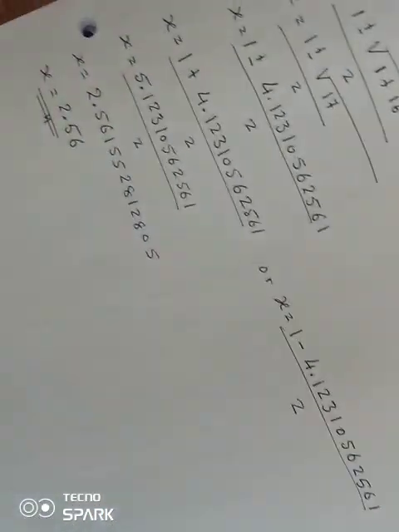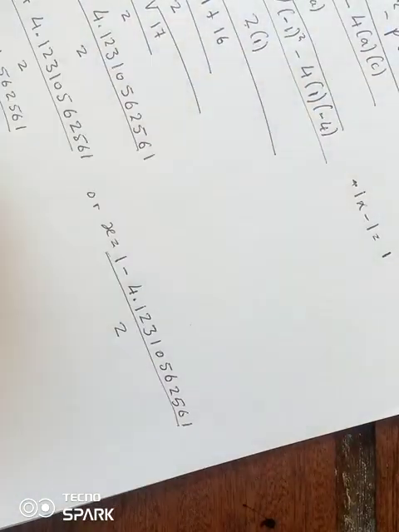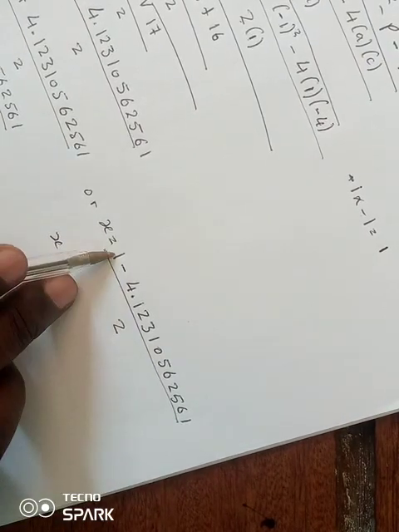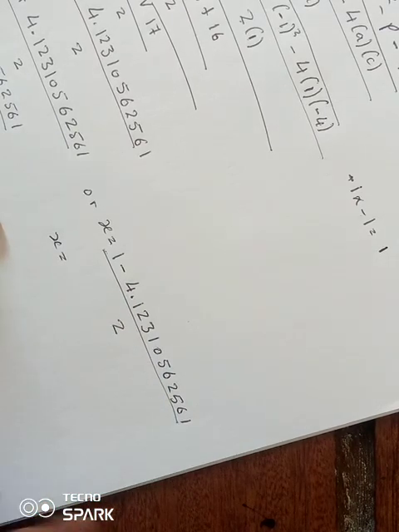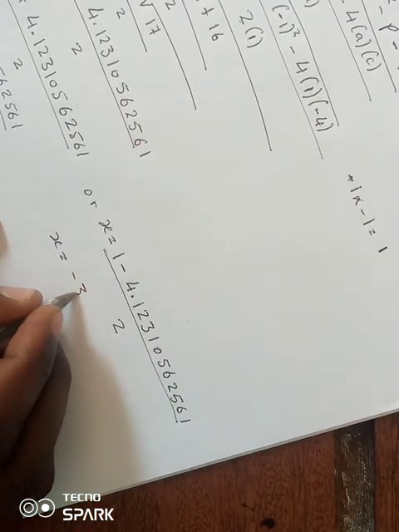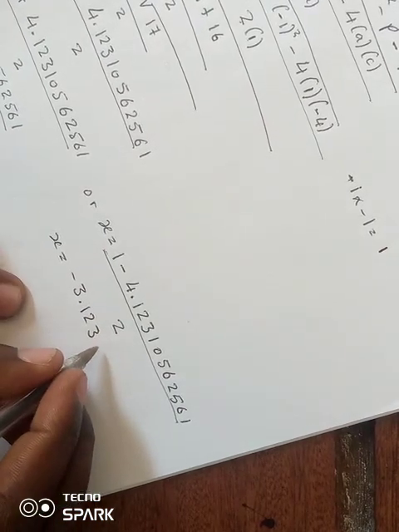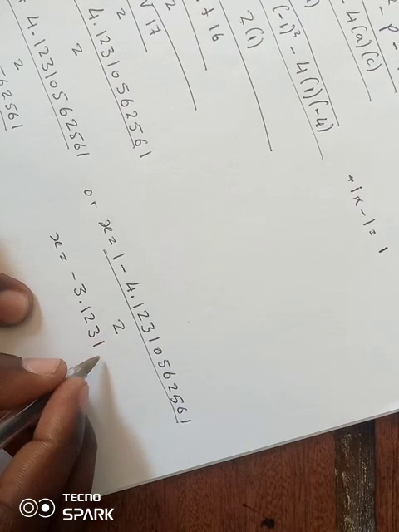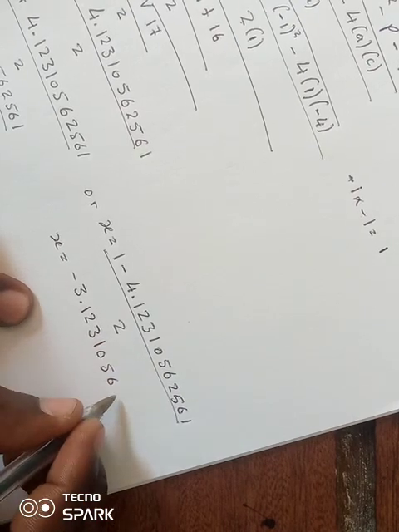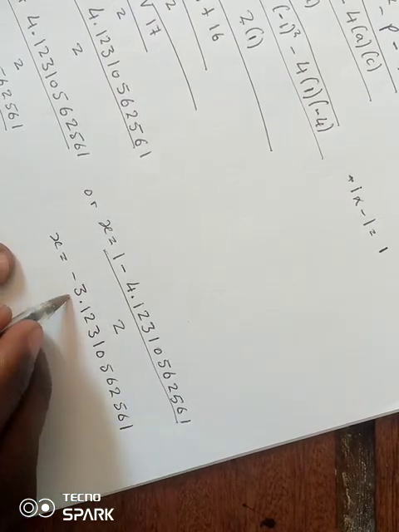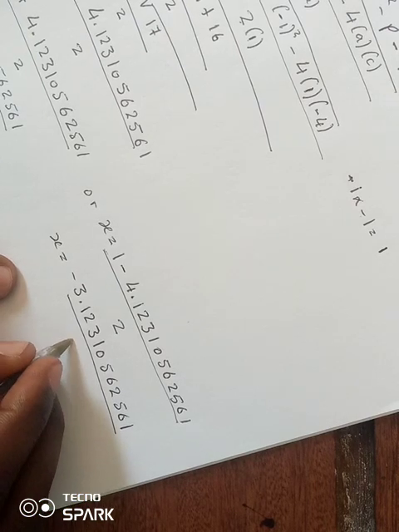Let us find the second value of x. So this one was the first value. So we're going to subtract 1 minus that number. So that will give us negative 3.1233105625561 over 2.